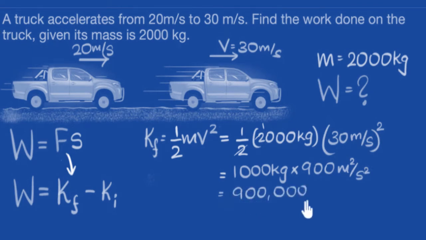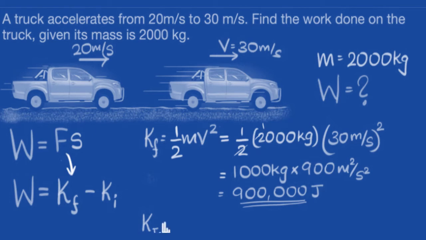That gives us 9 followed by 5 zeros, kilograms meter squared per second squared. Now these are the SI units of energy, aren't they? We also call this joules, so we call it 900,000 joules.